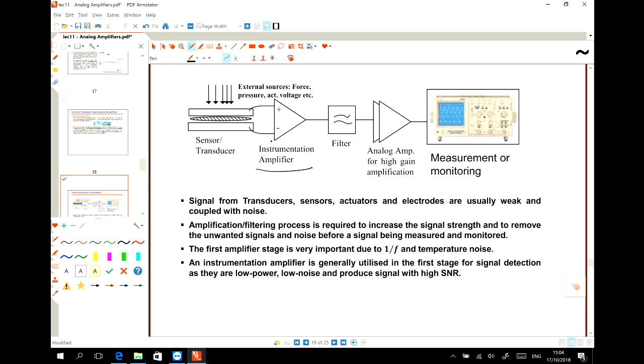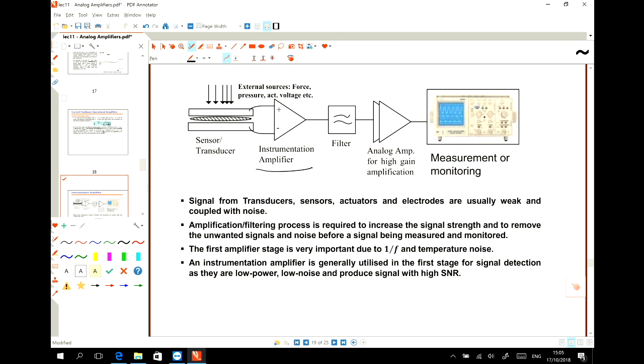These instrumentation amplifiers have a high common mode rejection ratio, for example in the order of 100 dB or more. Because of that, the signal we apply to the plus and minus inputs is not going to get saturated, and after filtering and amplifying the signal, we can detect it.